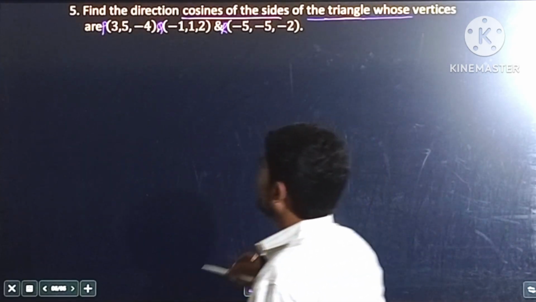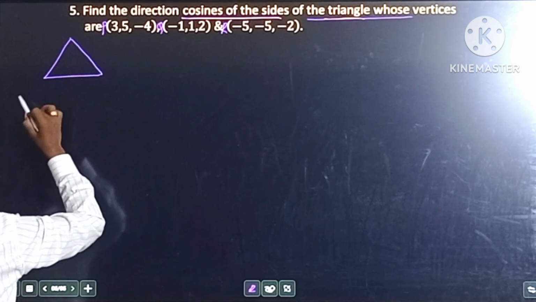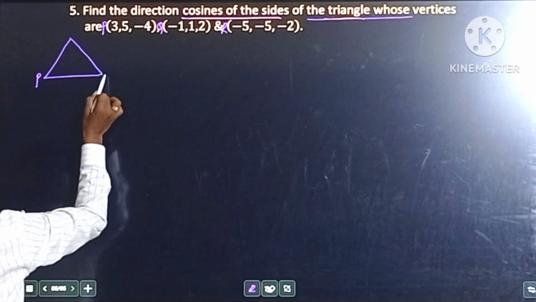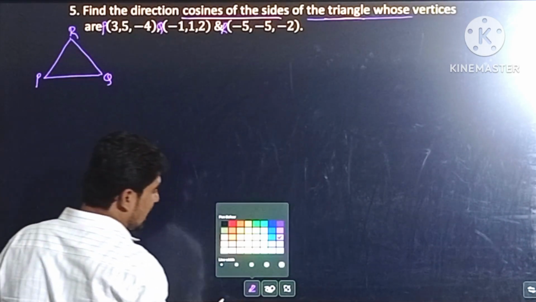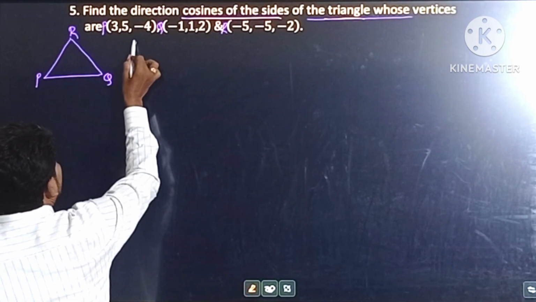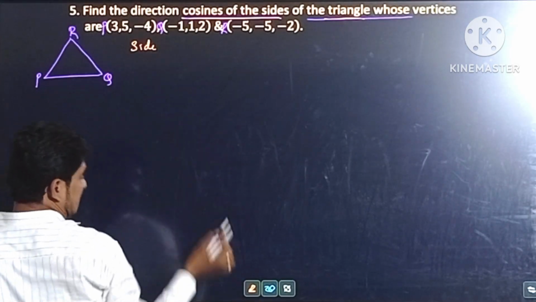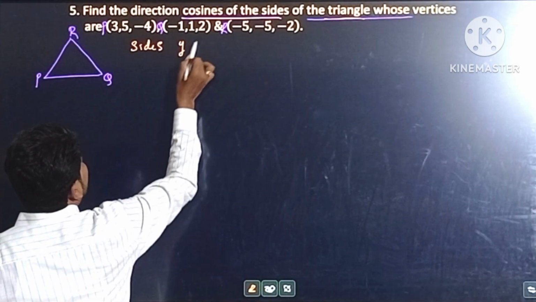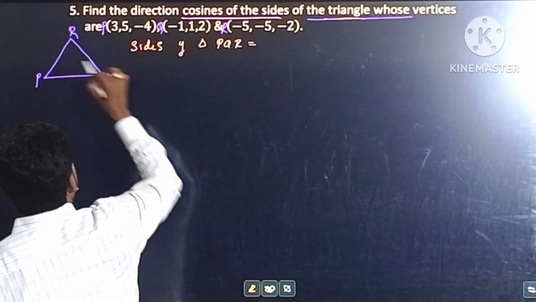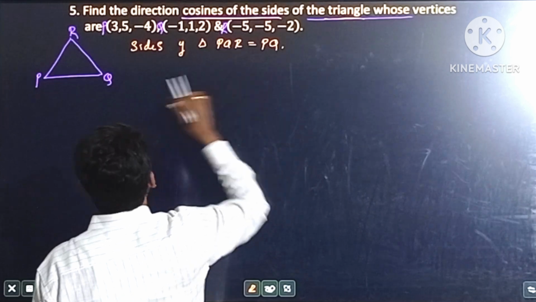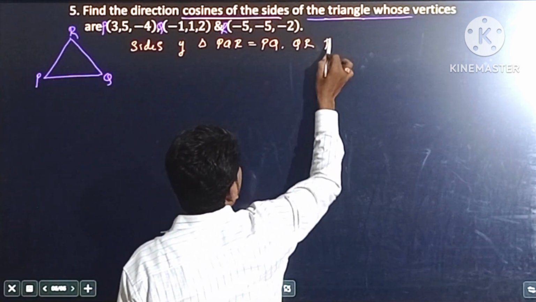Here he has given the vertices of the triangle, so let's say P, Q and R. If P, Q, R are the vertices of the triangle, then definitely the sides of triangle PQR are PQ, QR and RP.